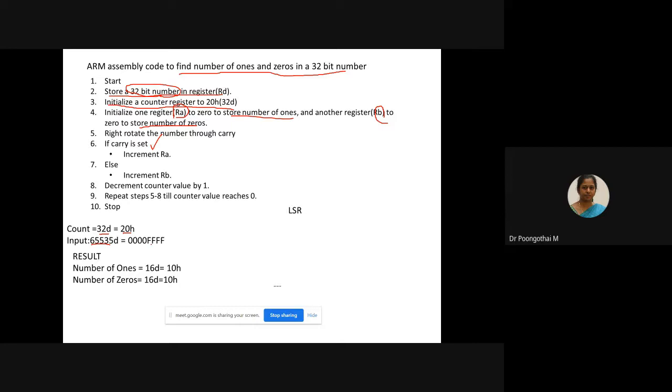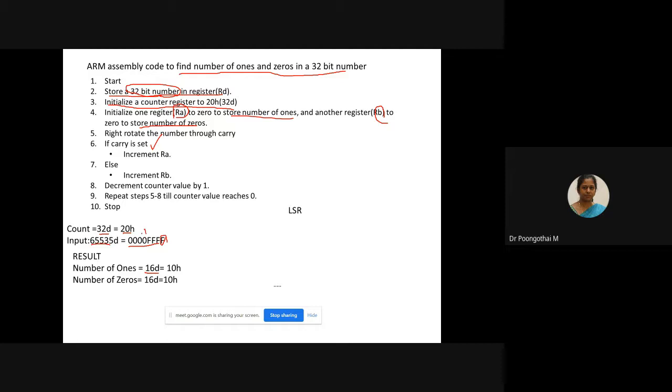So how many number of ones and how many number of zeros here? It's a 32-bit number. How many number of zeros? How many number of ones? 16 zeros and 16 ones. F contains how many ones? 4. So 4 plus 4 plus 4 plus 4, so total number of ones is 16.